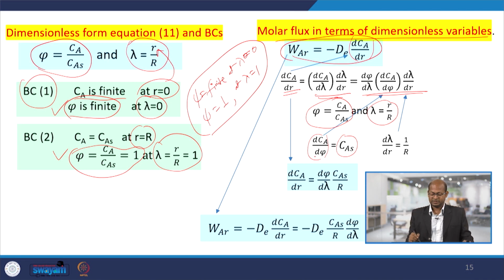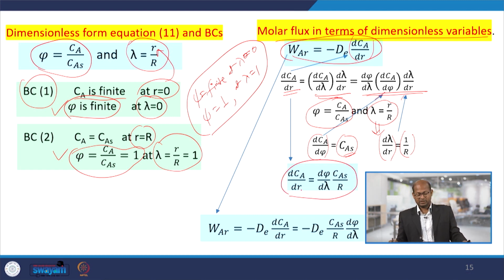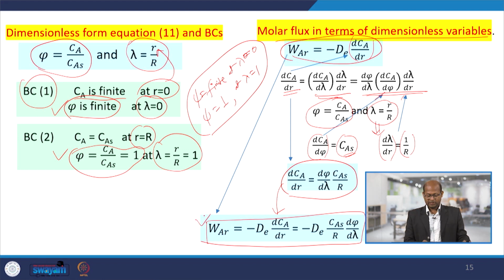If you differentiate, dCA by d psi equals Cs, and d lambda by dr equals 1 by R. Substituting these two components, we get dCA by dr equals d psi by d lambda times Cs by R. Now we substitute this in the flux equation, so the flux is WAR equals minus D Cs by R d psi by d lambda. This is the flux in dimensionless form.